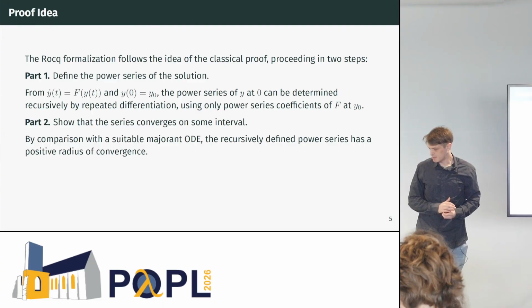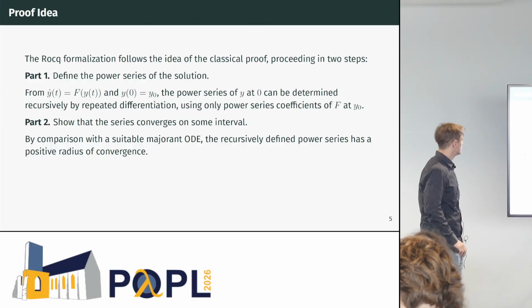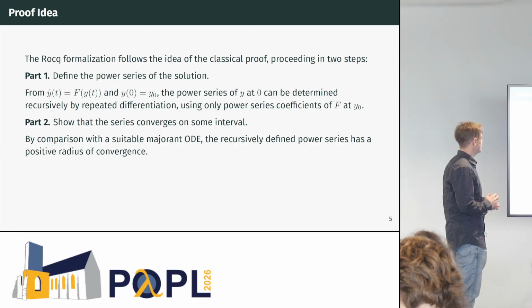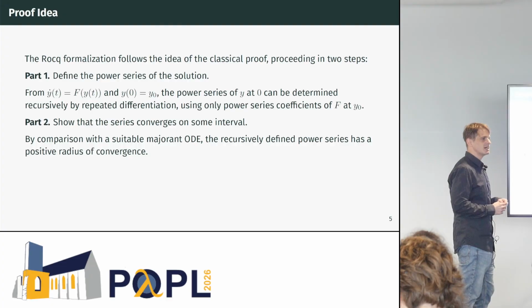Right, and the second part: this will just give you a formal power series, and you also have to show that this power series converges. The classical proof then proceeds by saying that if the right-hand side is a convergent series, we can bound it by a simpler series, a simple majorant ODE.